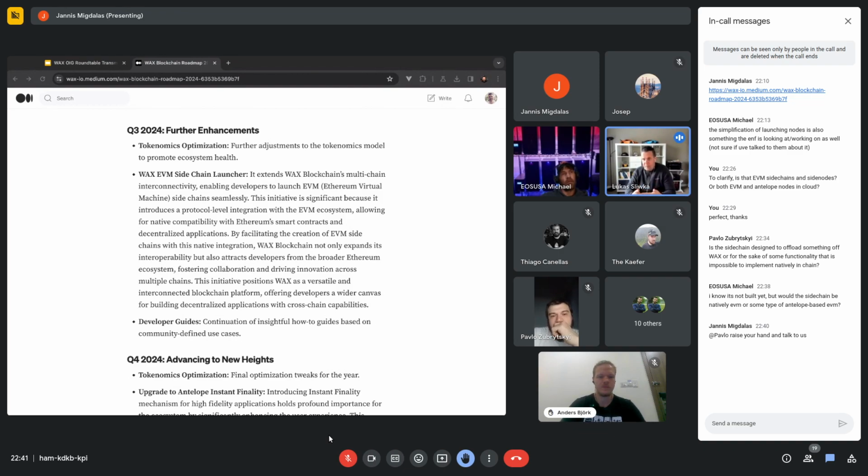Then that would be really geared towards projects from the EVM ecosystem to try WAX and experience that. So that's mainly DeFi, and then maybe some applications that are like gamified DeFi.